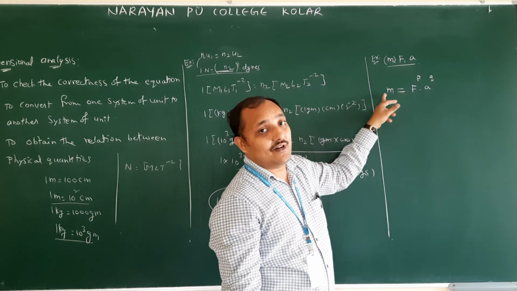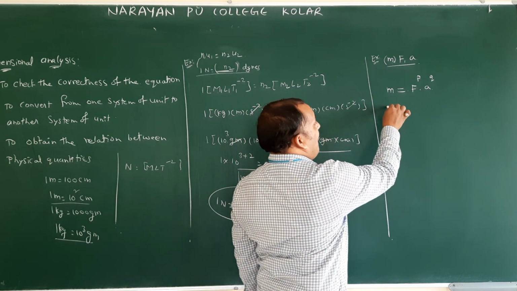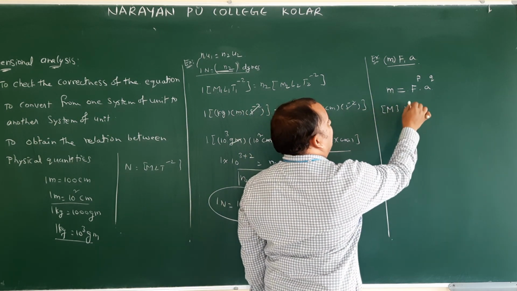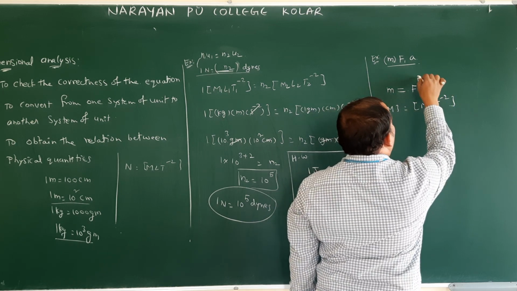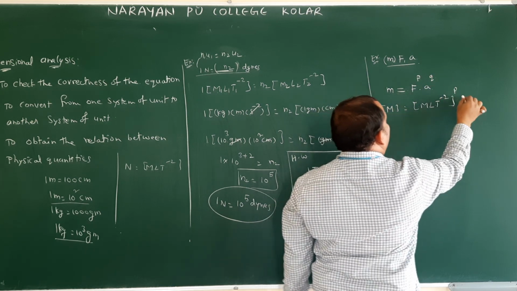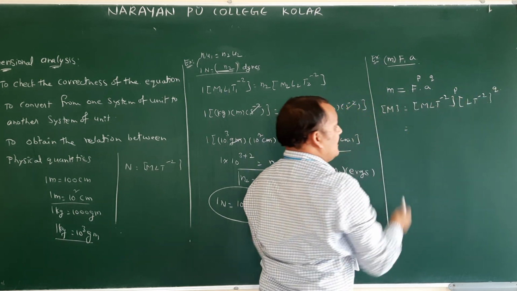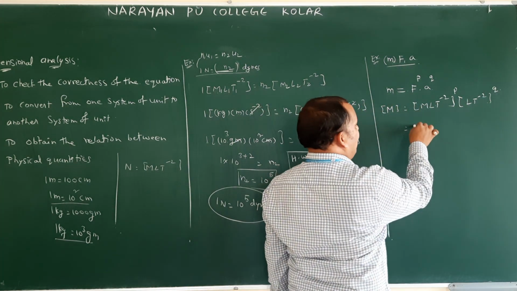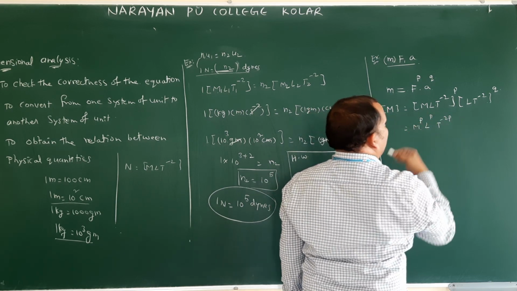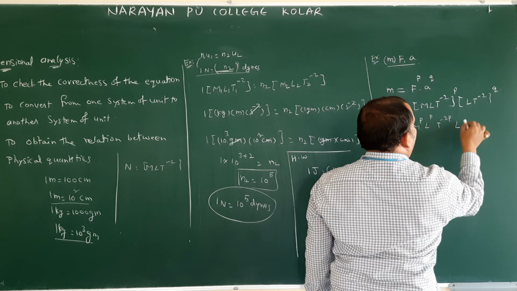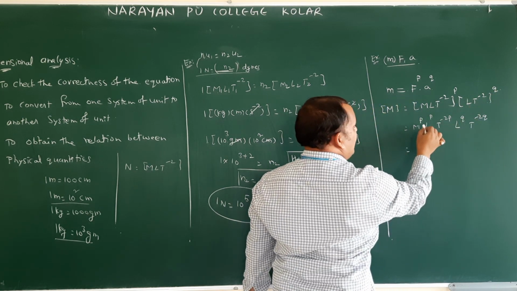Now write the dimension formulas. You should come to the dimension formulas. Mass dimension formula M. Force dimension formula (M L T power minus 2) whole power P. Acceleration dimension formula (L T power minus 2) power Q. So expand this one: M power P, L power P, T power minus 2P, like that, L power Q, T power minus 2Q.